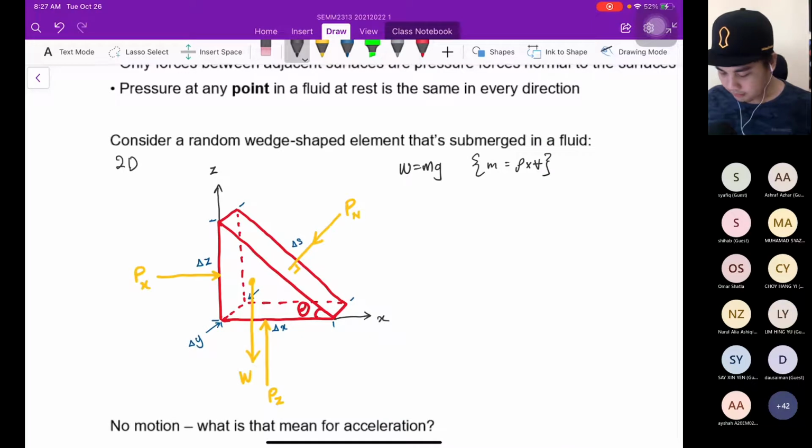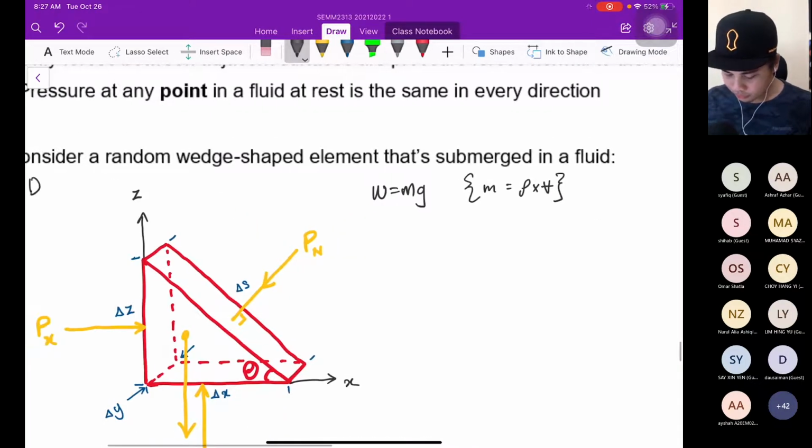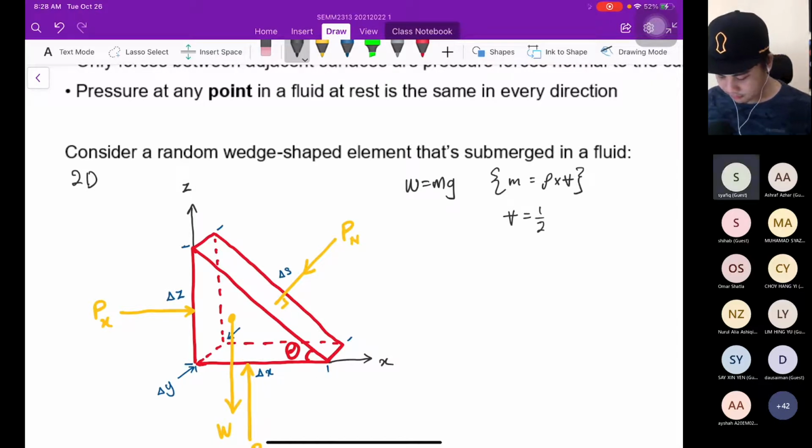Alright. So mass is equal to density multiplied with volume. So from here, let's say we know the density of this element. How about the volume? What is the volume of this element? Volume of this element is half delta X, delta Z, and delta S or delta Y?